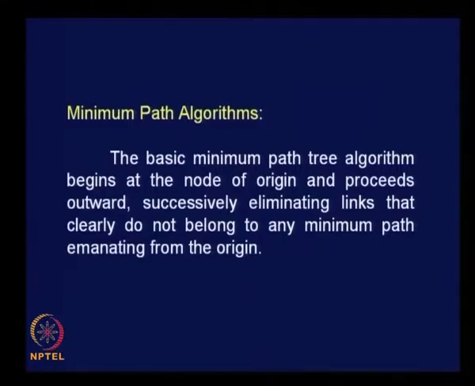Clear? It is a very general statement. Even if you are not very clear about the statement, you will be able to understand better when we take up an example. Just at least have some vague understanding of what is stated here. We are just eliminating links that clearly do not belong to any minimum path emanating from the origin. Clear?